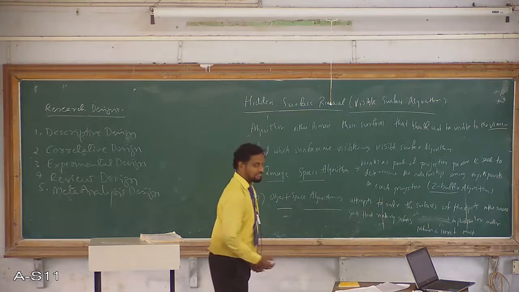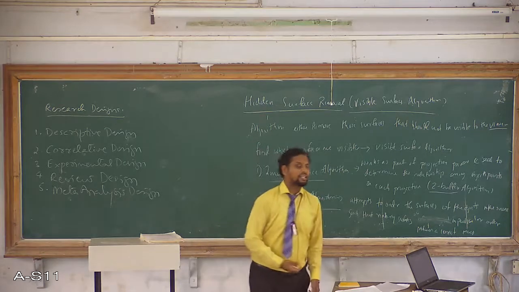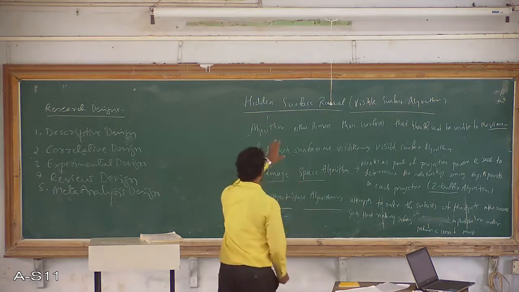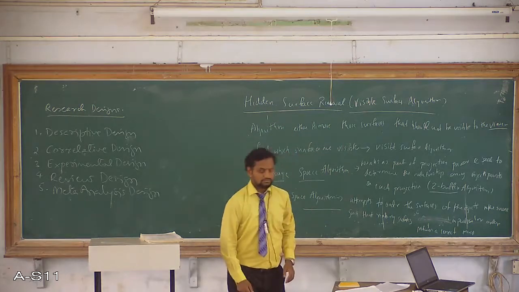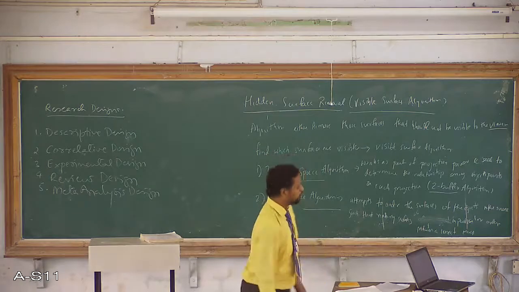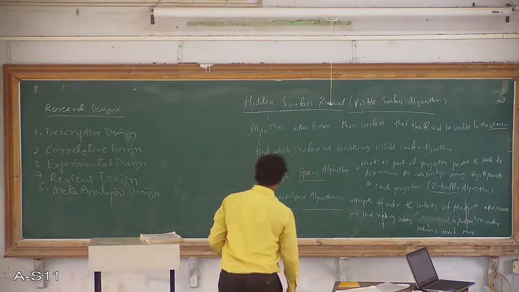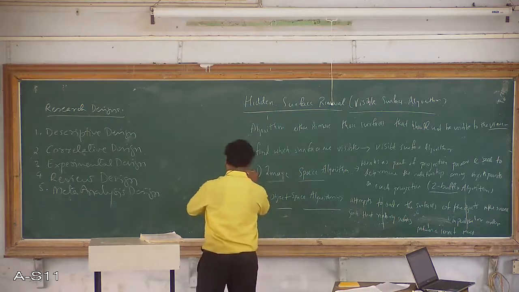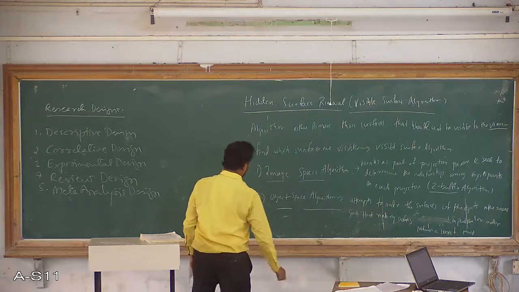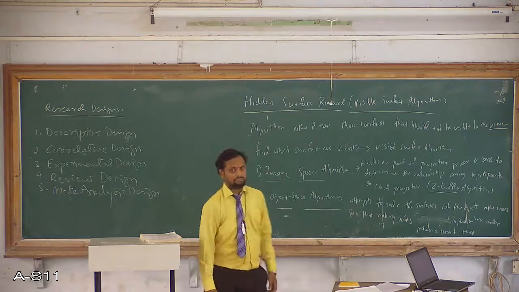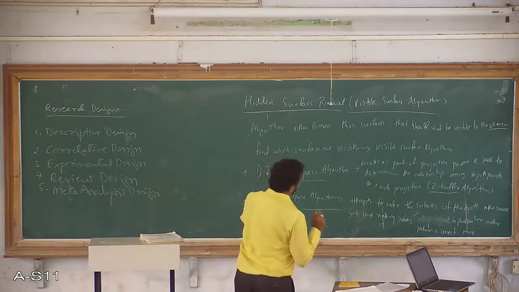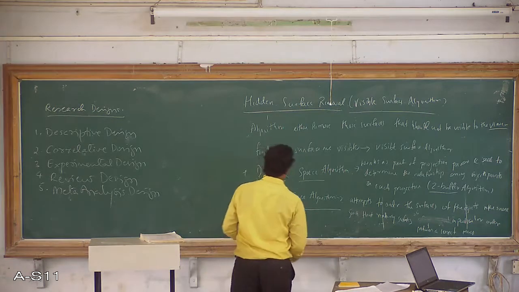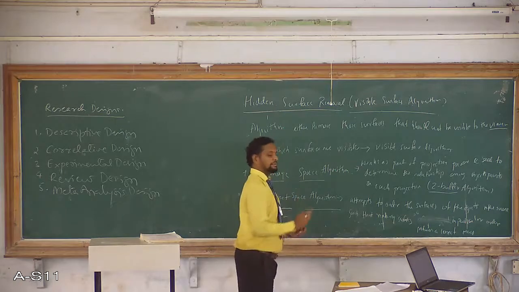So in the exam they may ask you to explain the hidden surface removal or visible surface algorithm. If they ask so, you should specify two methods: one is the image space algorithm and one more is the object space algorithm. They may even ask you only to explain the Z buffer algorithm.